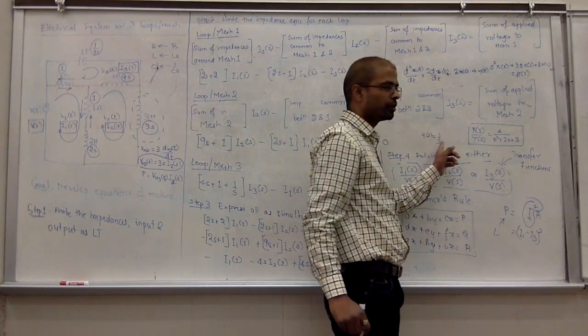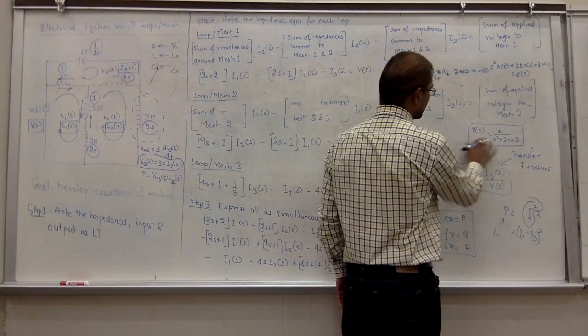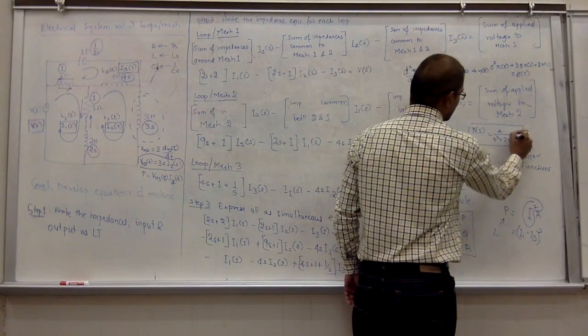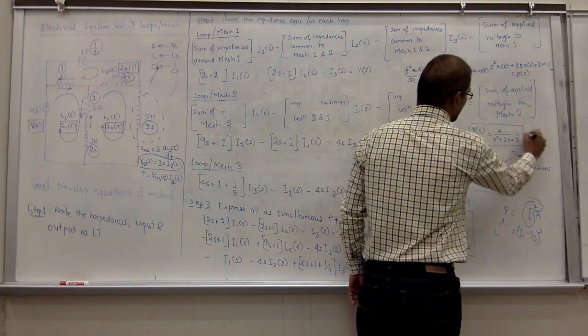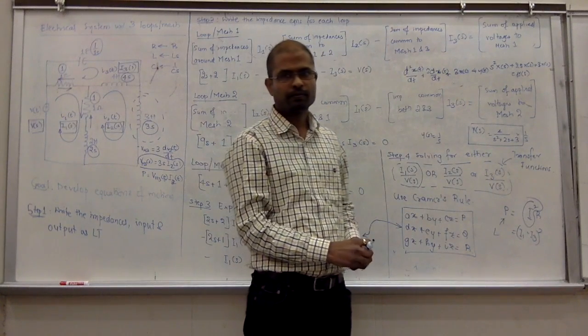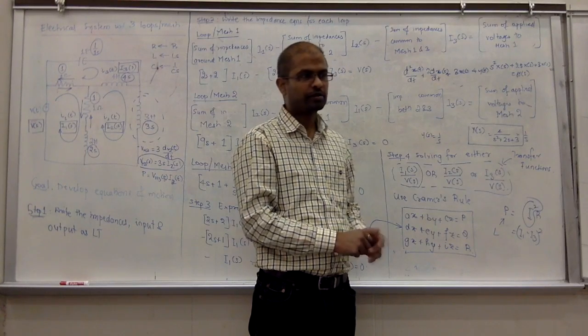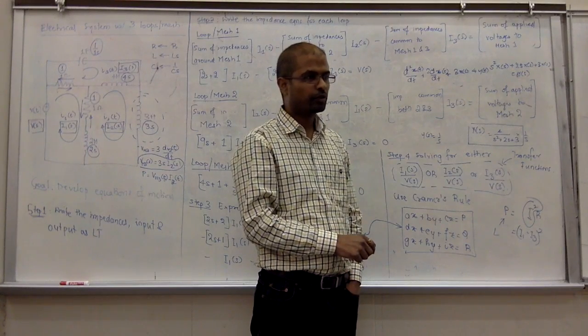The unit step input, this is how it's expressed. So your output, if you just substitute that, you're going to get 4 over s squared plus 2s plus 3, multiplied by 1 over s. Making sense? Little bit more sense?